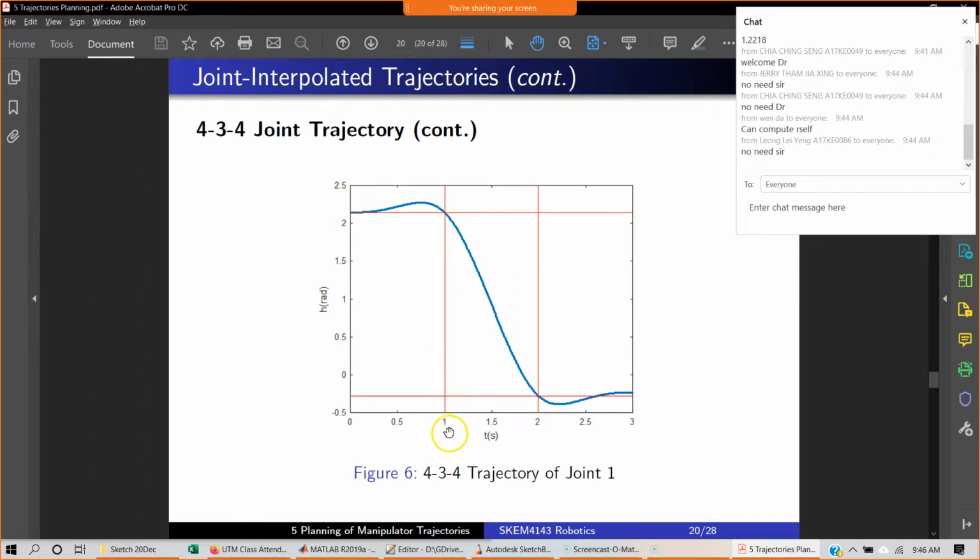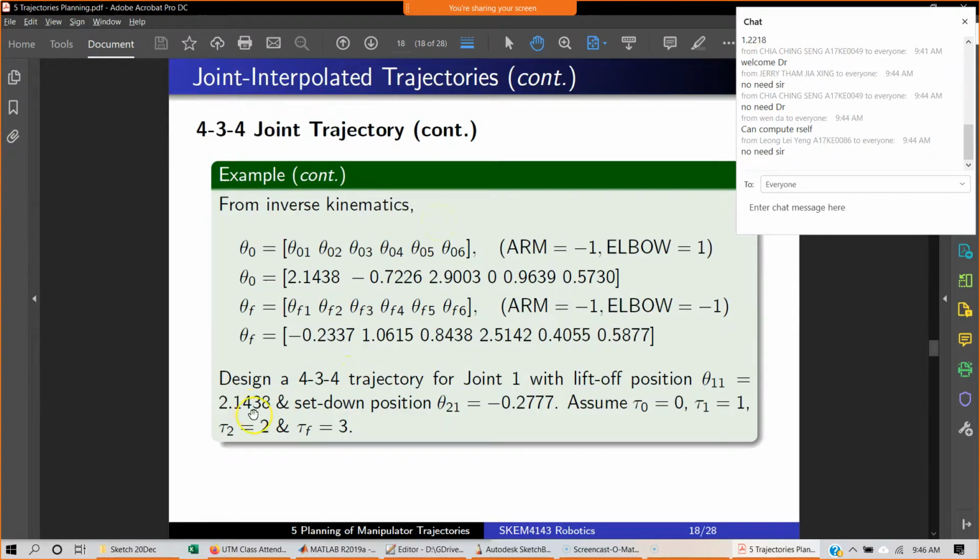So this is tau 1, the time at lift-off position. If you notice, it happens to be the same. There's a reason why it's the same, and it's not wrong to have the same, and I hope you can figure that out yourself. If we don't understand why theta 0 and theta 1 are the same, please ask me in the next class. I would be glad to explain to you.